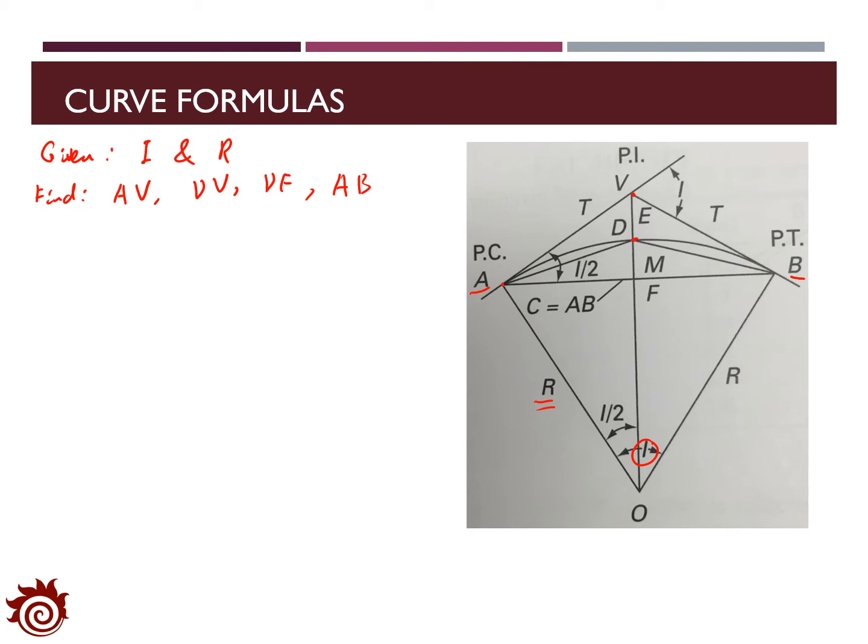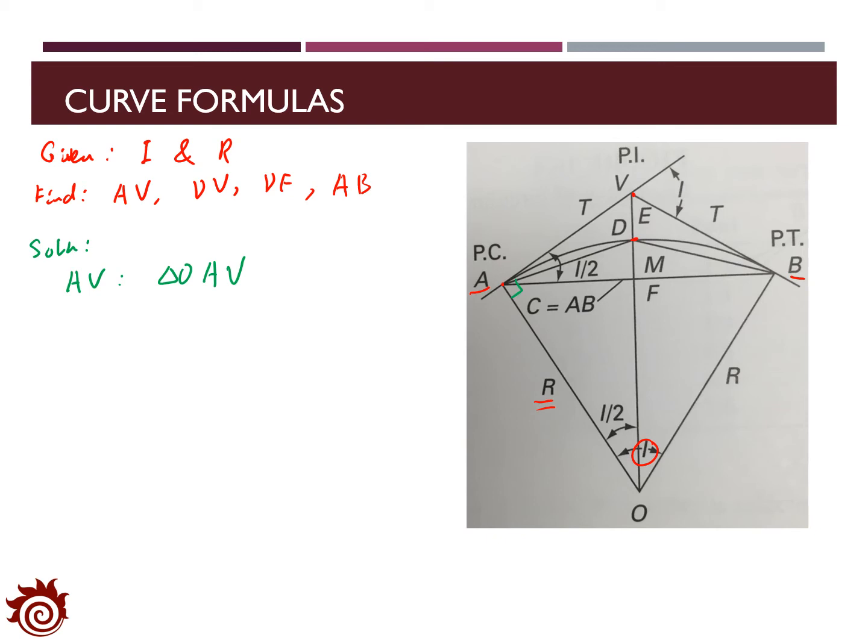So first, let's look at the calculation of the segment A to V. For A to V, we need to consider the triangle OAV. As the line AV is tangent to the curve, the line OA is perpendicular to the line AV.